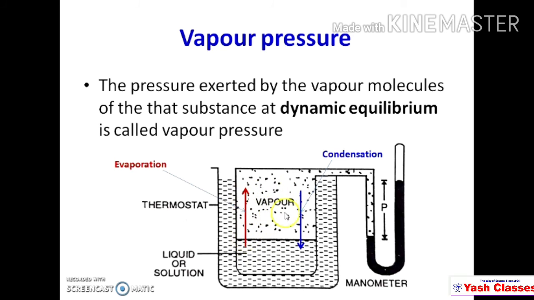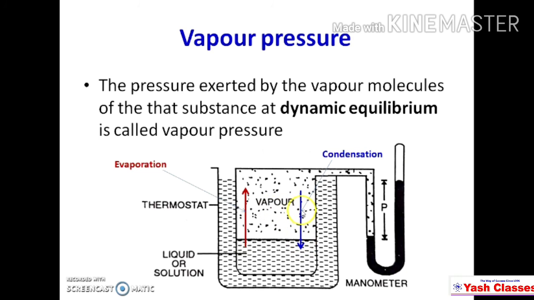In this way, the concentration of vapor molecules in this empty space slowly increases. At the same time, in the vapor state, molecules may collide with each other, and during their collisions, some of the vapor molecules return back from the vapor state to the liquid state. That process is called condensation.